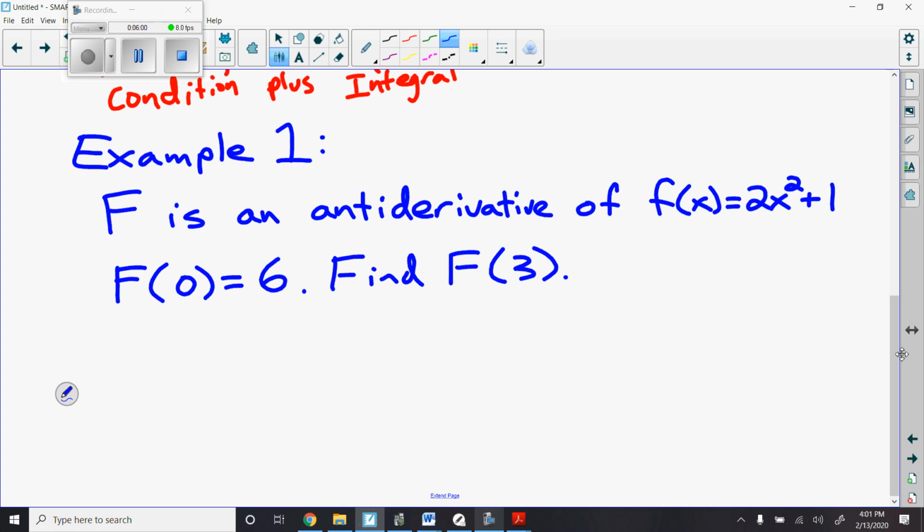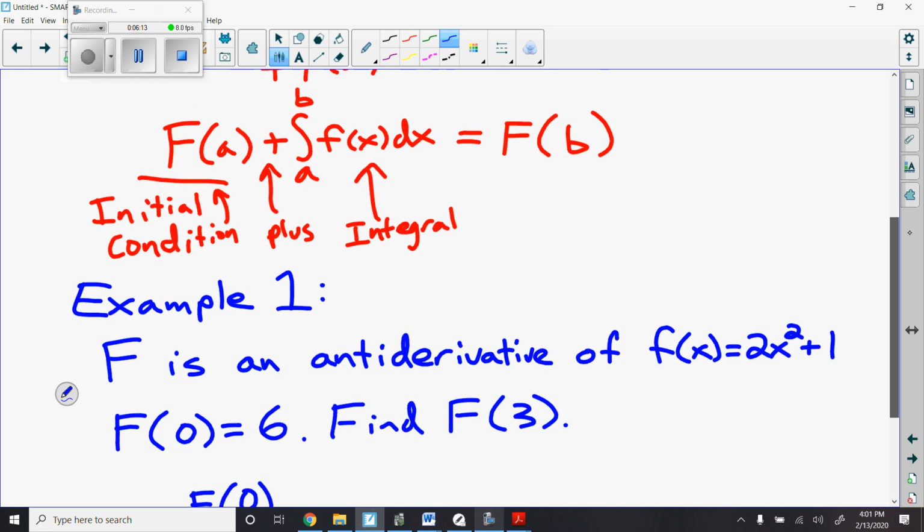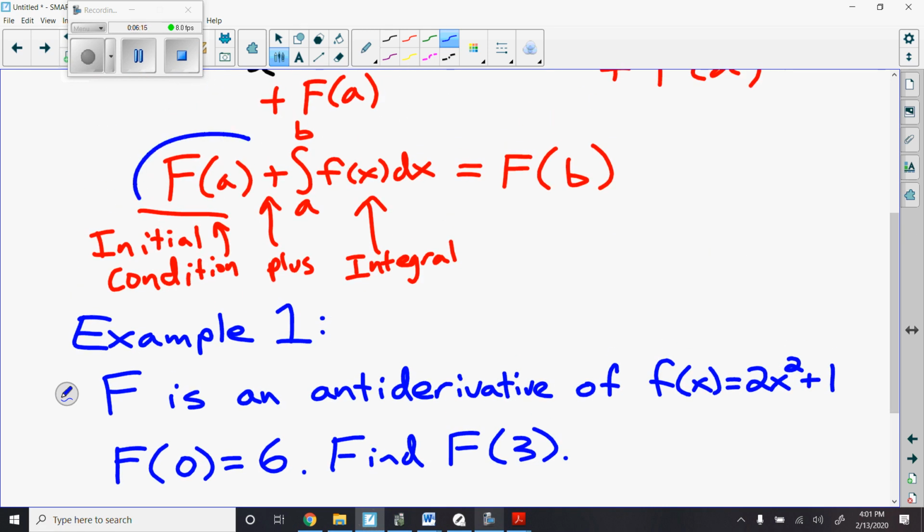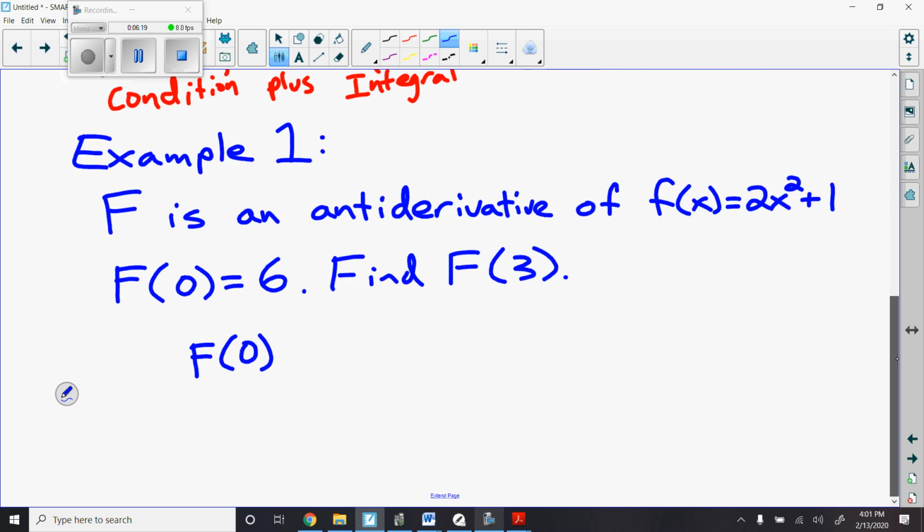So I want to take that initial condition, capital F of 0, that's my initial condition, and I want to add it to the integral.